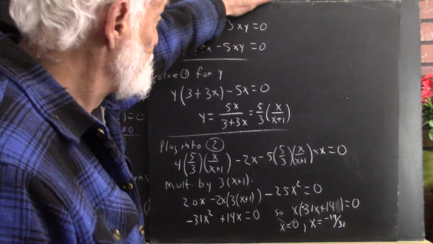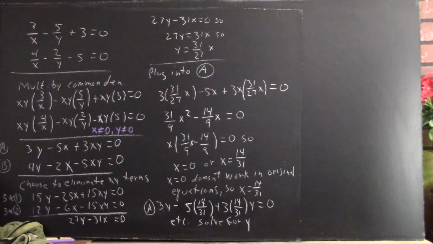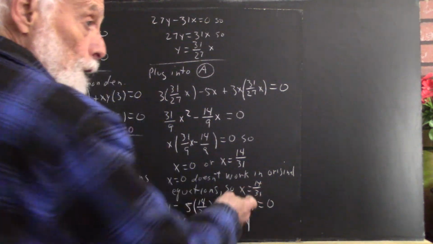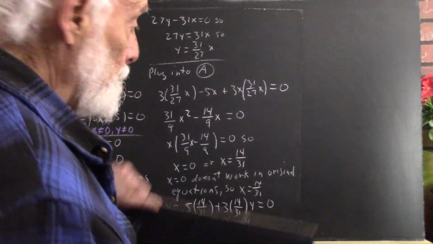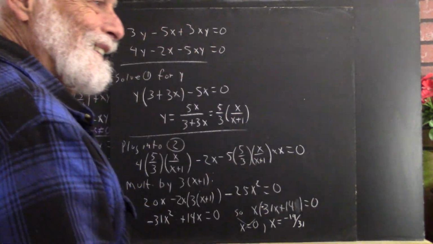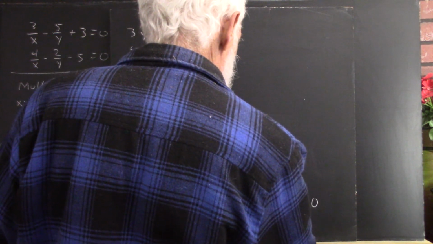Now, if we come back here, x wouldn't be negative. X is 14 over 31. Okay, in other words, miraculously, and with your help, we ended up with a correct solution. It shouldn't be negative because this is negative.